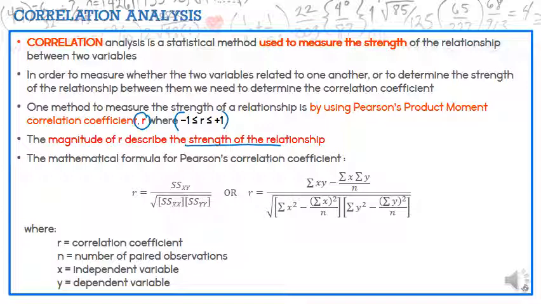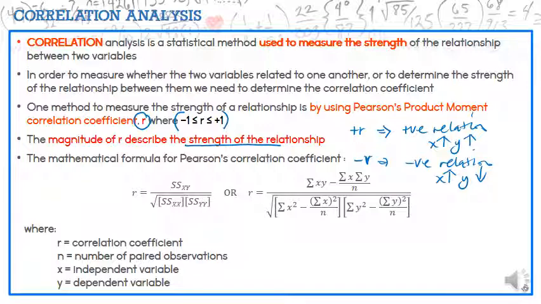So positive R means positive relationship, meaning that as X increases, Y tends to increase, or as X decreases, Y tends to decrease. And a negative R indicates a negative relationship, where as one variable increases, the other one will decrease.